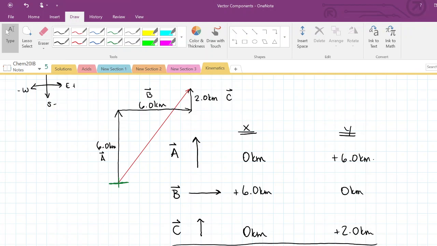Now the sum of these vectors gives me that red resultant vector. And the sum of each of these x and y components will give me the x component and the y component of the resultant vector. So if I sum up all my x's, I get 6 kilometers positive. If I sum up all my y magnitudes, I get positive 8 kilometers. The positive tells me that my resultant x vector should be pointing east, and it is.